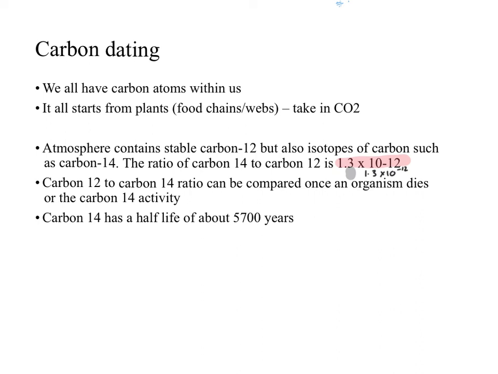Now, when an organism dies, it will stop taking in carbon. So that means that even though the carbon-14 it contains continues to decay, the ratio will decrease over time as well. So we take the activity from carbon-14 in a sample of organic material like a tree or a body that's decaying.